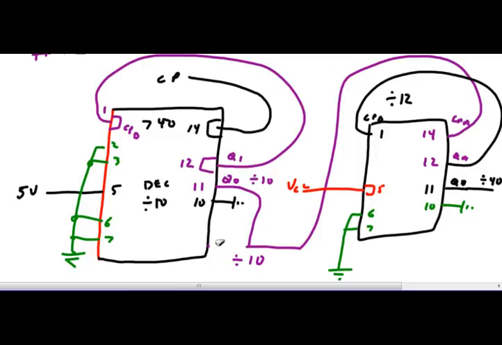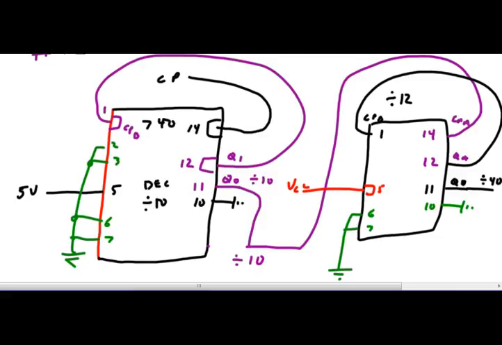So then what are the multiples of the decade counter? There's QA like 2 and QB is 4. Yeah, 2, 4, 8, 10. Okay, so there's no 2, 4, 8. But it could be 2, 4, 5.